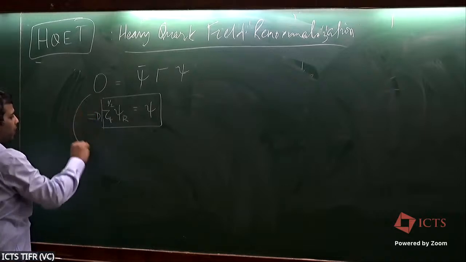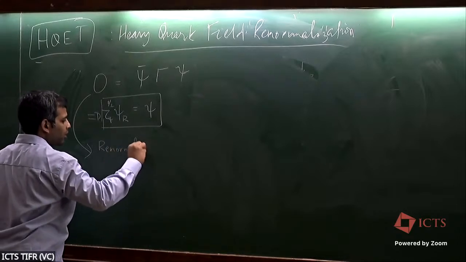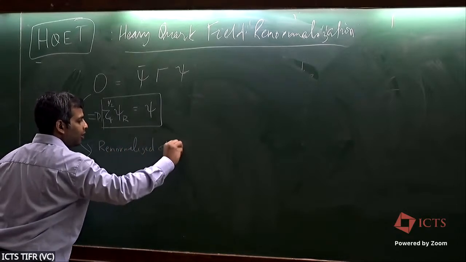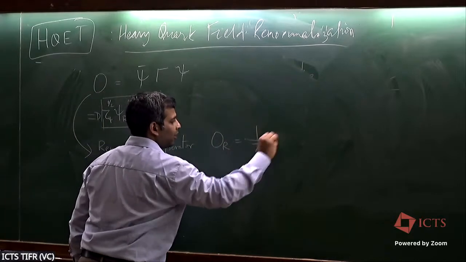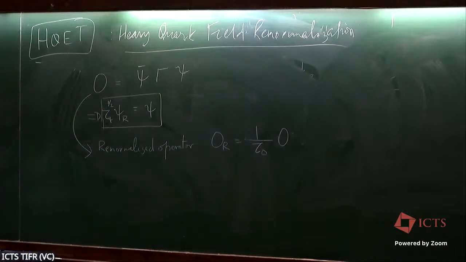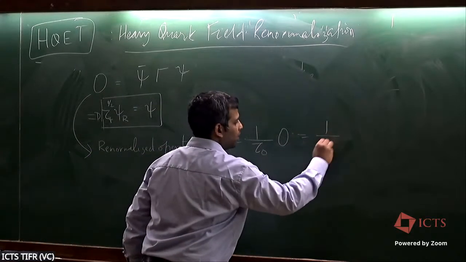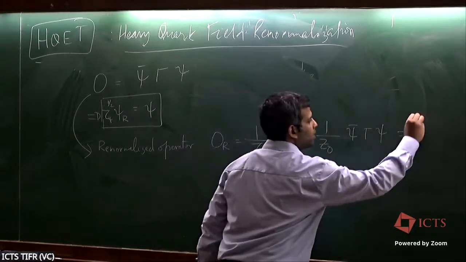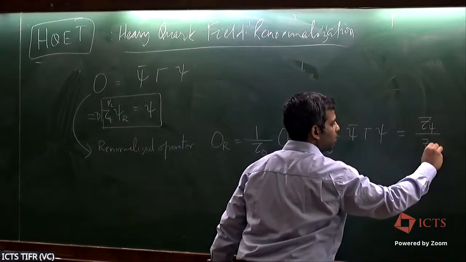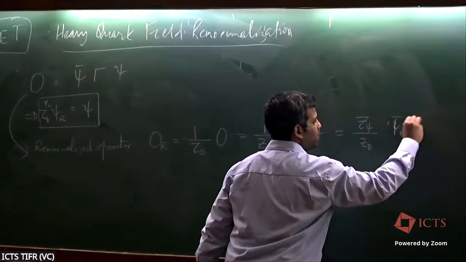This renormalized operator O would be written as this, and as you know, this composite operator is psi bar gamma psi for me, which is basically Z psi over Z0 times psi renormalized gamma psi renormalized.